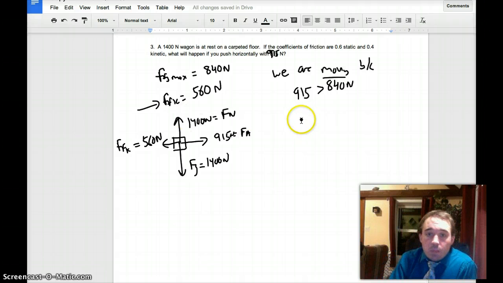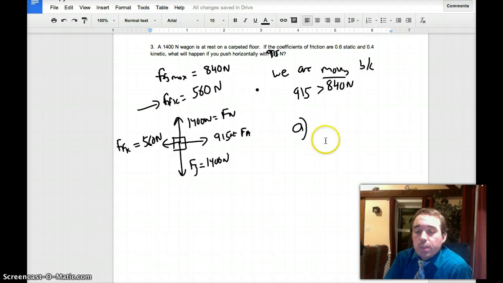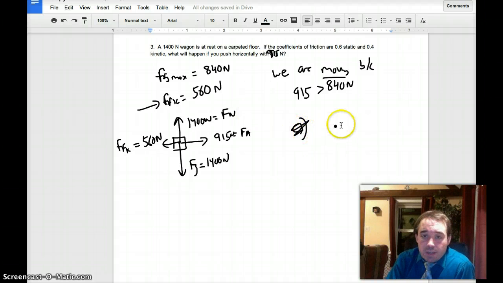To figure out the acceleration, it doesn't specifically say, but on like part B it would. To figure out the acceleration, A, by Newton's second law, it's net force divided by mass. So, we have the ability to find the net force through our free body diagram.